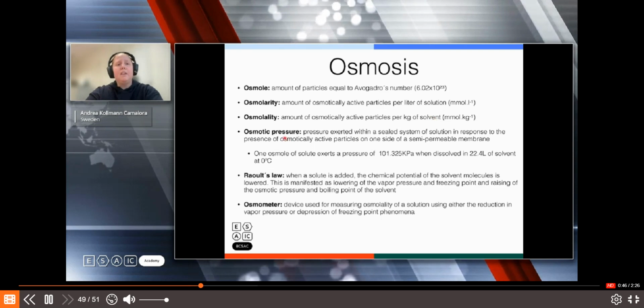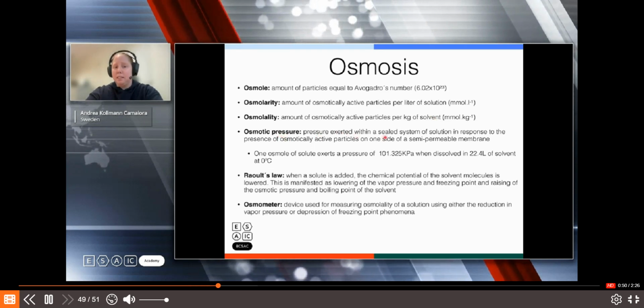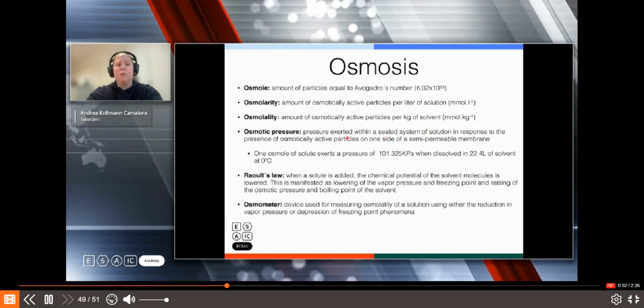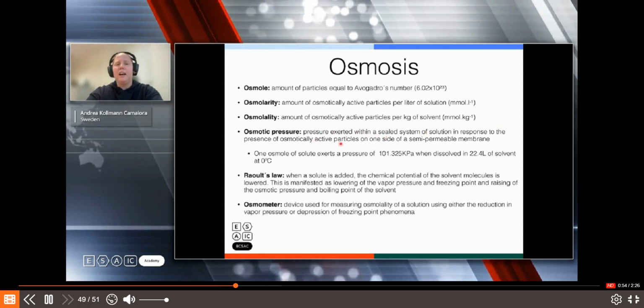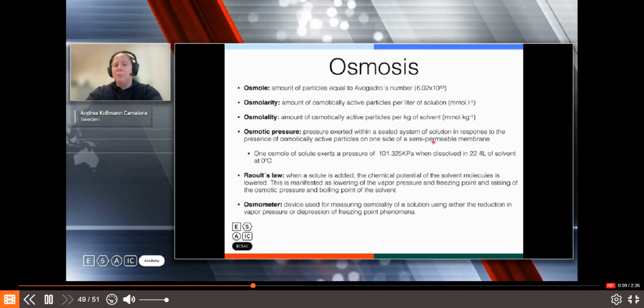Then you have osmotic pressure, which is the pressure exerted within a sealed system of solution in response to the presence of osmotically active particles on one side of a semi-permeable membrane.